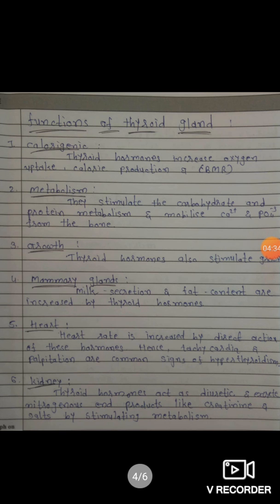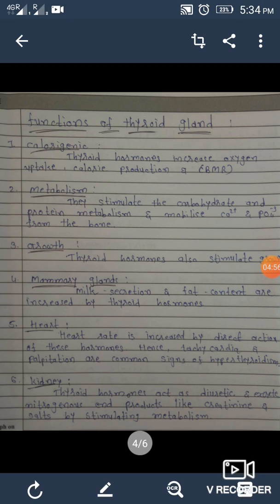Now let's talk about functions of the thyroid gland. It has many functions. We can say it regulates the whole body. It has a calorigenic function, which means it will increase oxygen uptake, calorie production and BMR, basal metabolic rate.